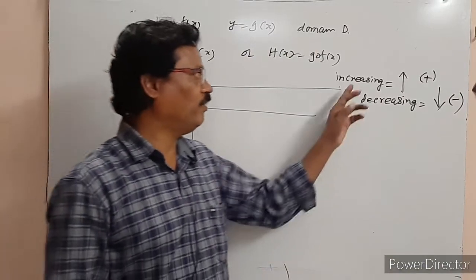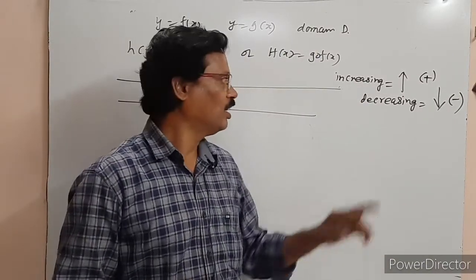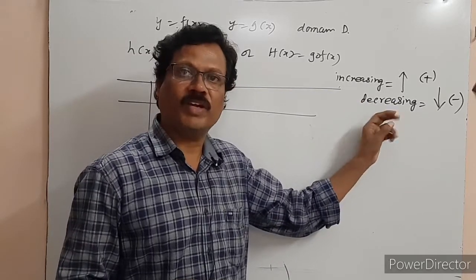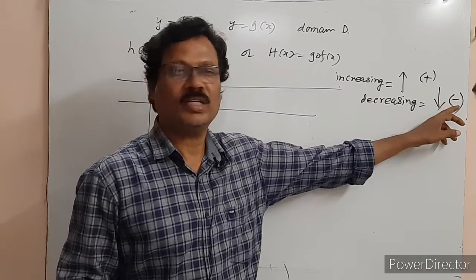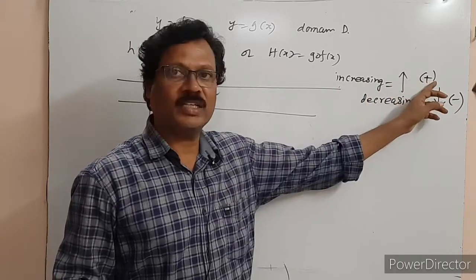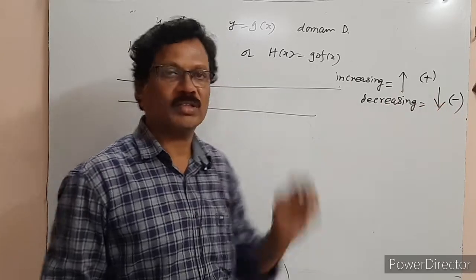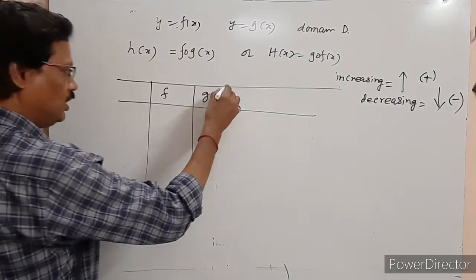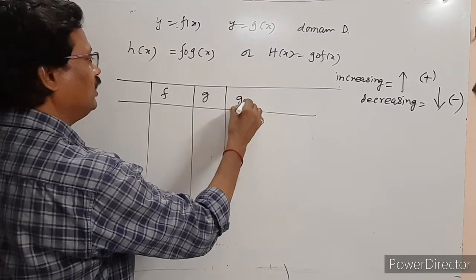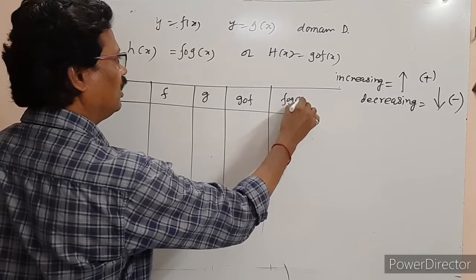Because for increasing, f dash x is greater than 0, positive. For a decreasing function, f dash x is less than 0, that's why we take the minus sign. Increasing symbol either this or this, decreasing symbol either this or this. Now here, this is a composite function g circle f, this is another composite function f circle g.